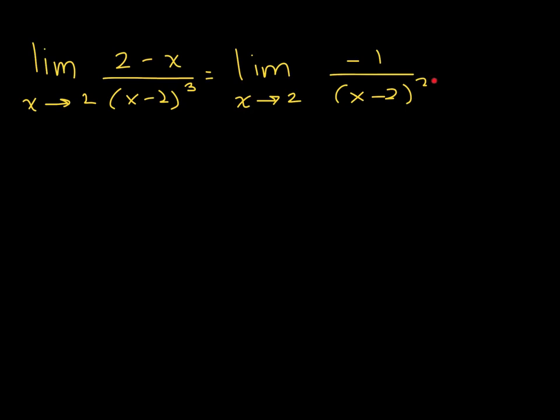So you have a denominator that's getting infinitely small, approaching 0, but doing so through positive values, while the numerator is negative. Therefore, this ratio is negative infinity. So this shows us that this function has a vertical asymptote at x equal to 2 because the limit is not a real number.